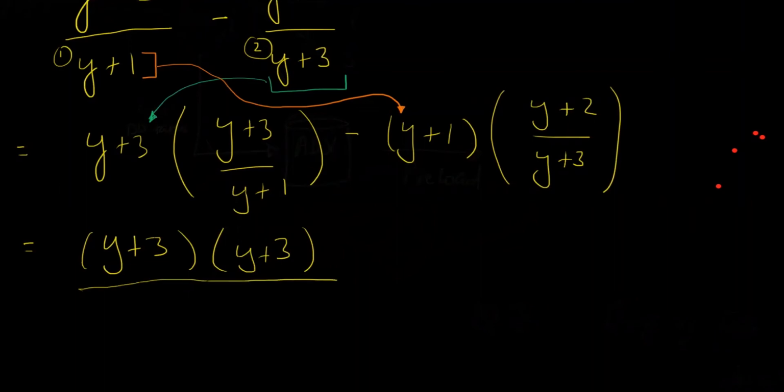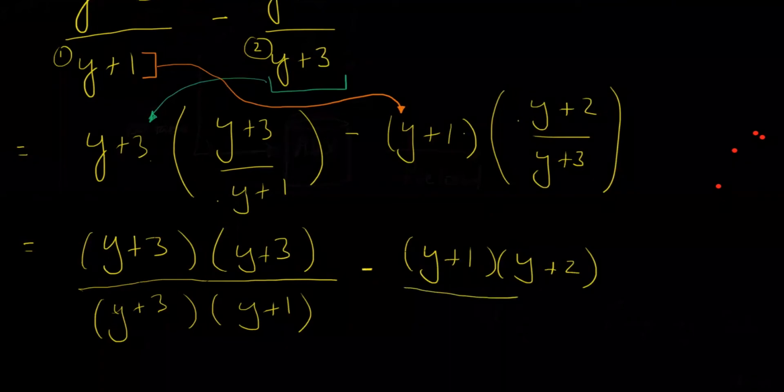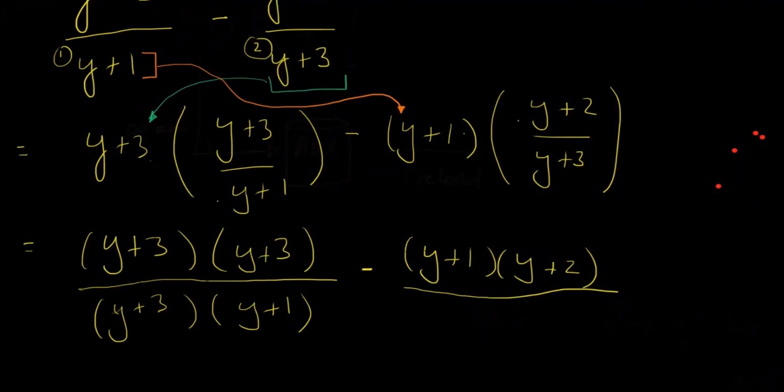And I'm going to do y plus 3 times y plus 1. I've just taken this and multiplied by that. Minus y plus 1 times y plus 2. I've just taken this term, multiplied by this term. But whatever I do to the top, I've got to do to the bottom. It's the law.